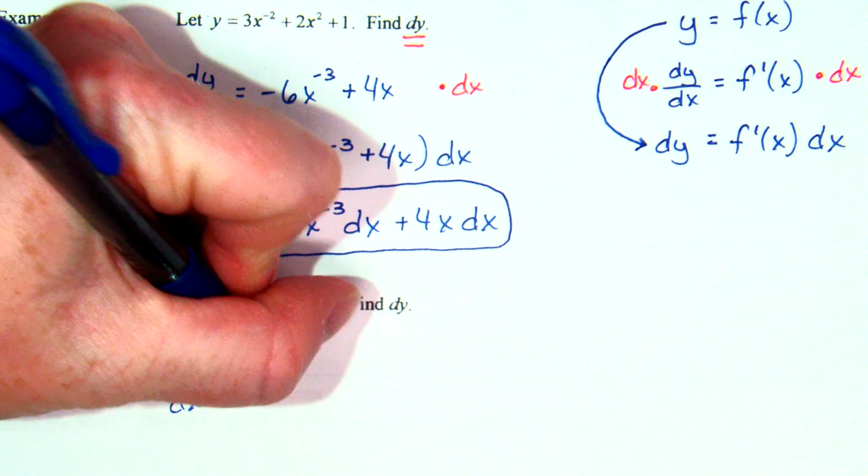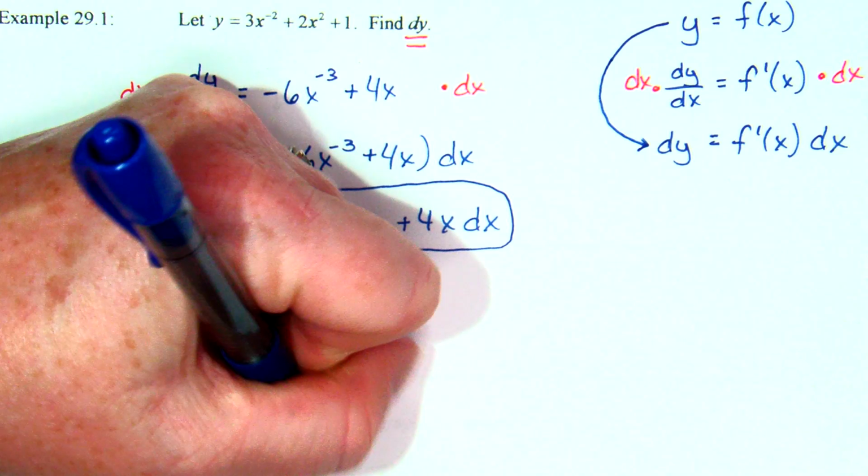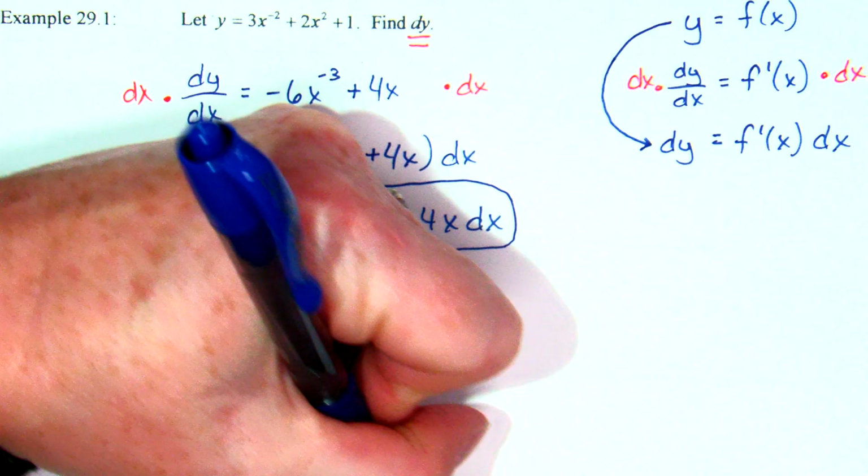Derivative of cosine x is negative sine x, so I'm going to write minus sine x. How do I write this with differentials so that the dy dx is separated? Multiply by dx. So then it's dy equals, quantity of cosine x minus sine x times dx. And that dx can be distributed. So dy equals cosine x dx minus sine x dx.